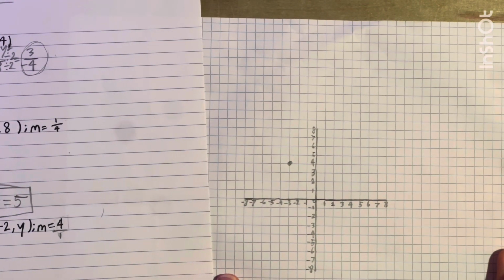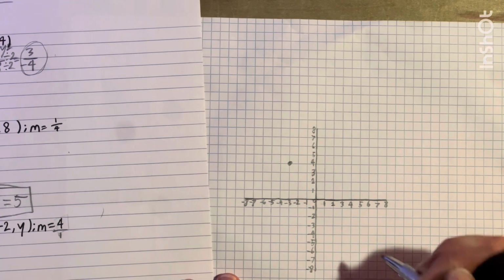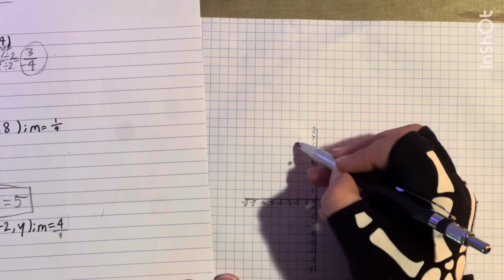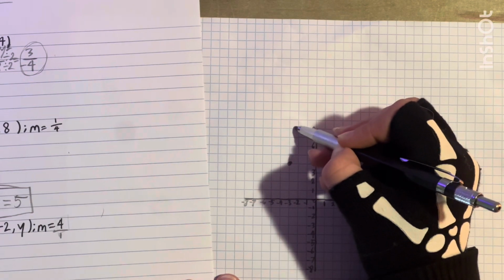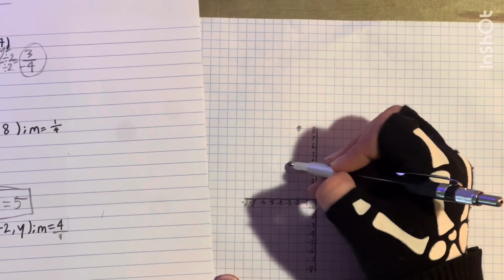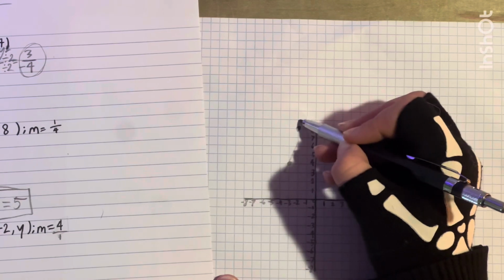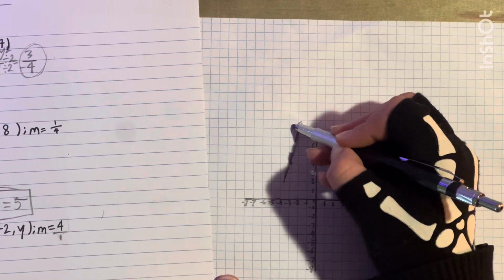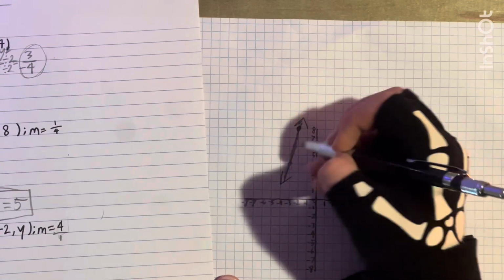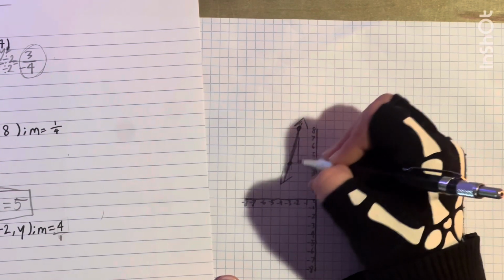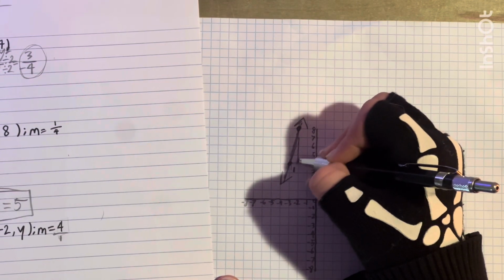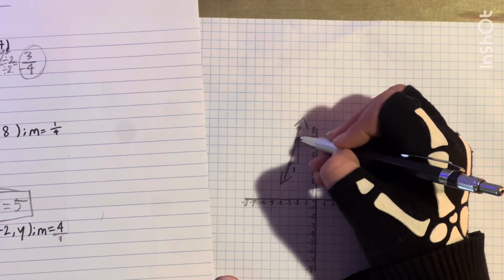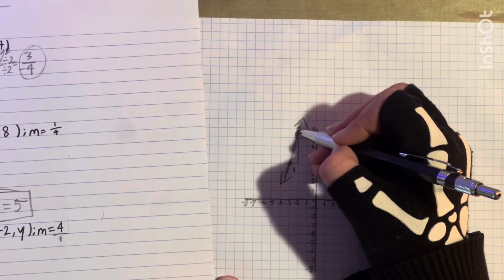And negative 2, 8. And then you go over and up, 1, 2, 3, 4.